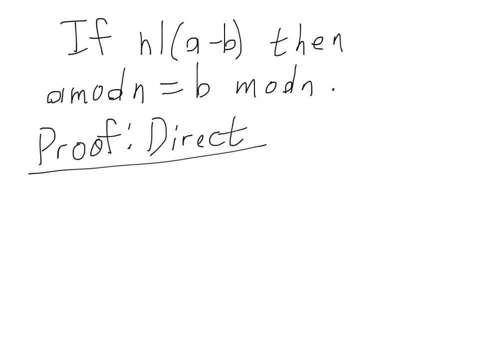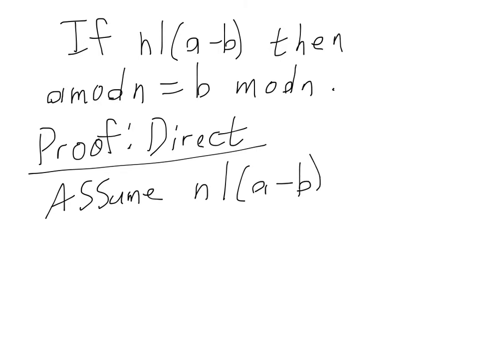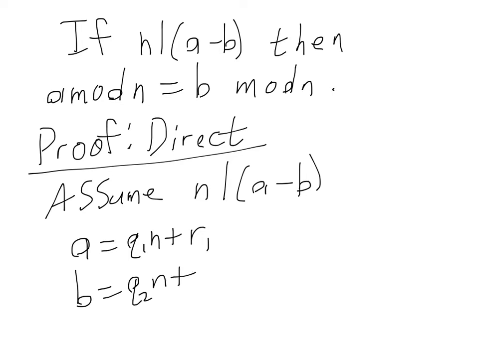So we're going to assume that n divides a minus b, and we're going to write both a and b using the division algorithm dividing by n. So a is equal to some q1n plus r1, while b is equal to some q2n plus r2.